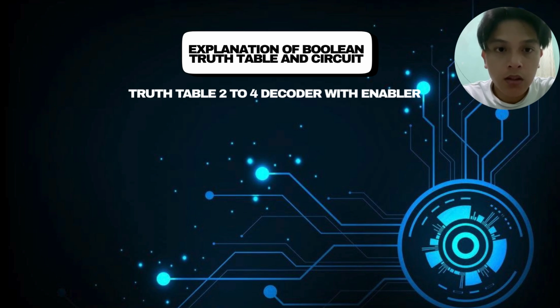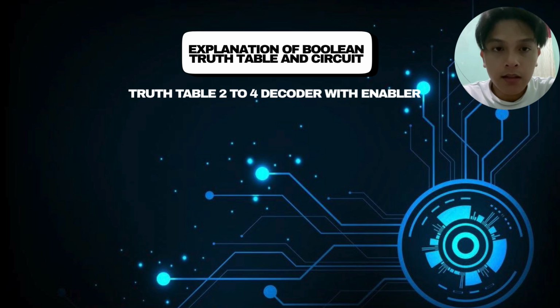If A1 equals 0 and A0 equals 1, Y1 equals 1. If A1 equals 1 and A0 equals 0, Y2 equals 1. And if A1 equals 1 and A0 equals 1, Y3 equals 1.